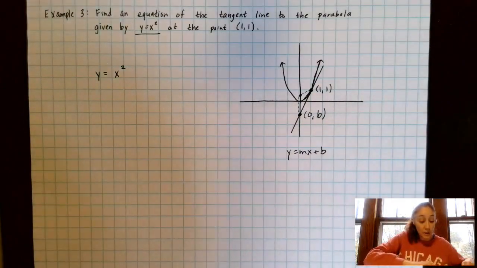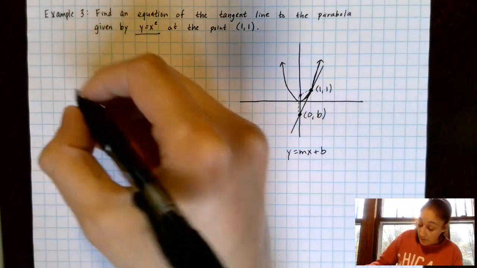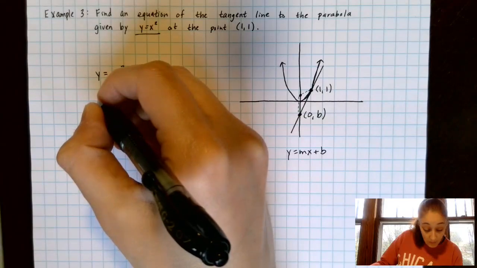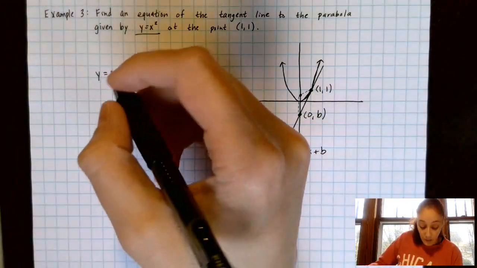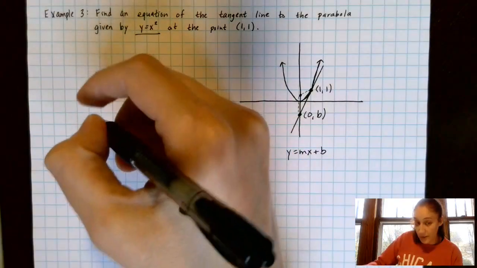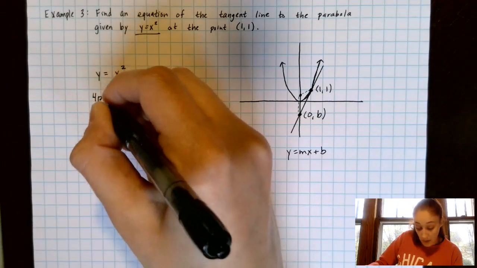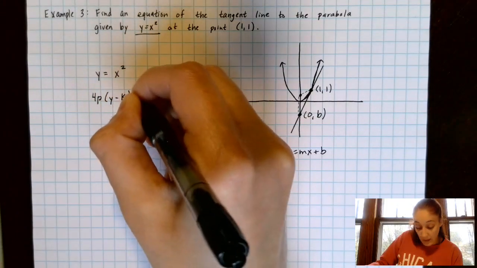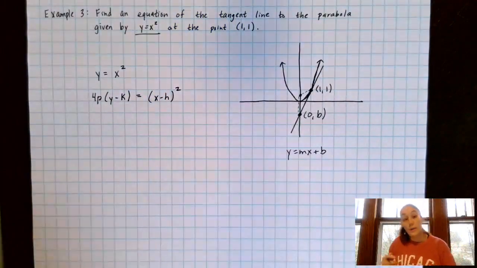If we take a look at the equations in standard form of a parabola, because the parabola is opening up, and I'm going to switch the order of things just so that it looks like what we have here, we would have 4p(y minus k) equals (x minus h) squared.